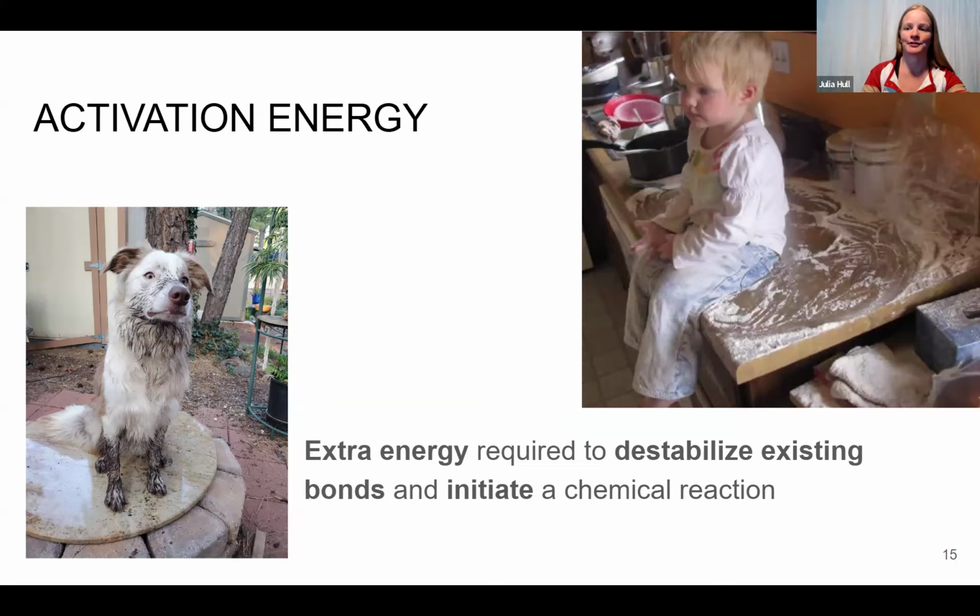All right, so let's talk about what this means. Here I have a picture of my dog Sadie when she was a wee puppy, and then my youngest kid when she was a wee lad, trying to make cookies or make bread or whatever she was trying to do at the time. If you're a parent of human people or a parent of the fuzzy variety, you probably know that the most alarming noise that you can hear as a parent is silence.